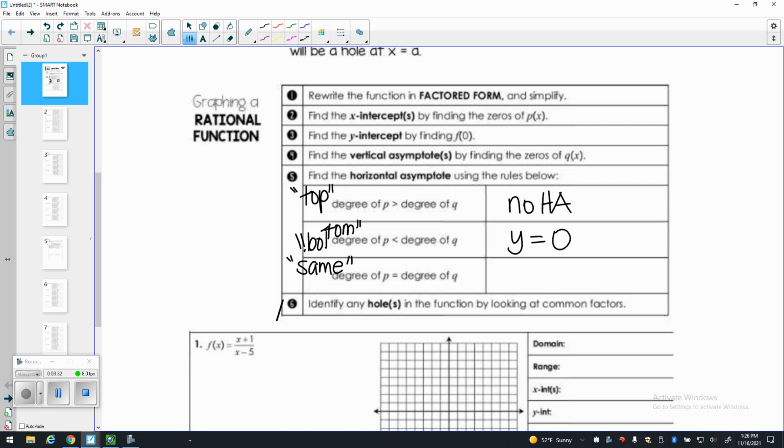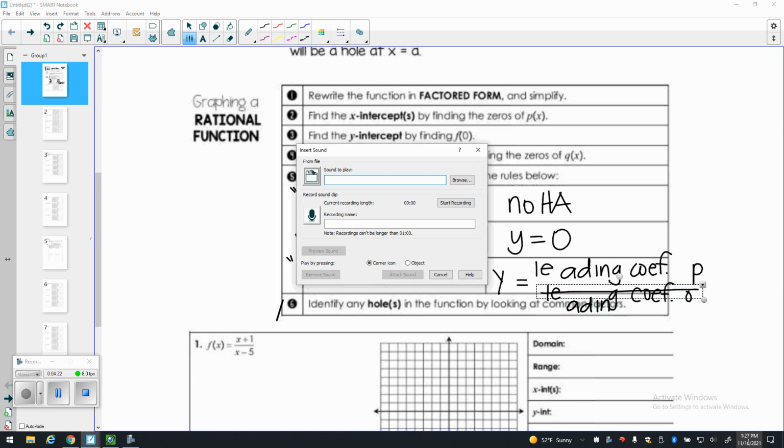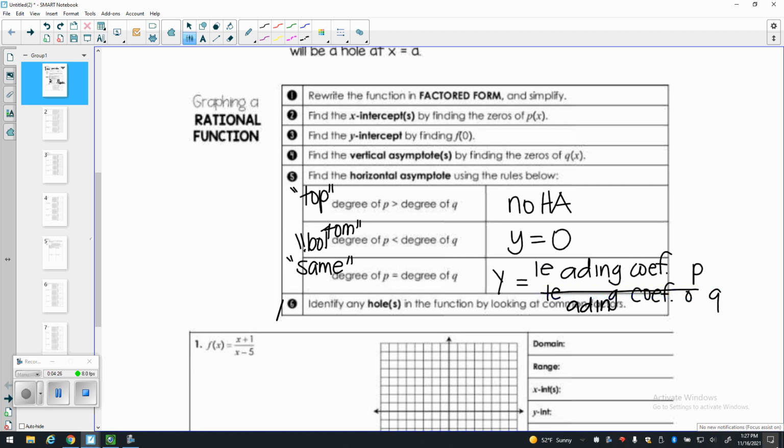You divide your leading coefficients, top and bottom, so your horizontal asymptote is y equals the leading coefficient of p divided by the leading coefficient of q.